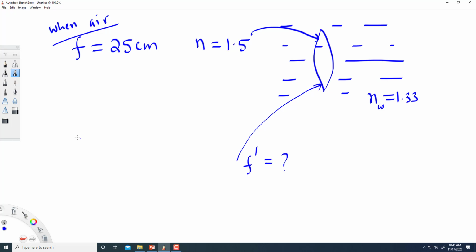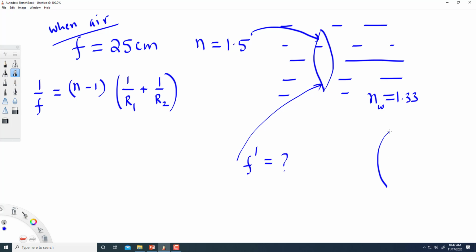So we'll be using the Lensmaker formula for solving this. The clue here is we have this Lensmaker formula: 1 over F is equal to n minus 1 times 1 over R1 plus 1 over R2. So we have two curvatures here, this one and this one. I will write separately.